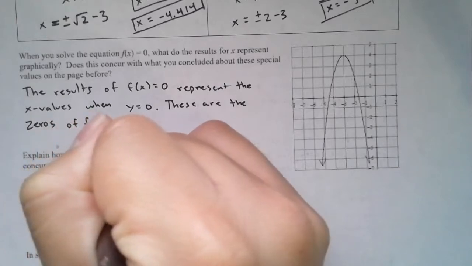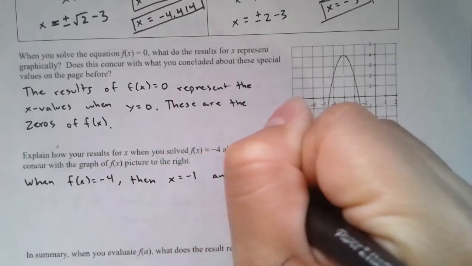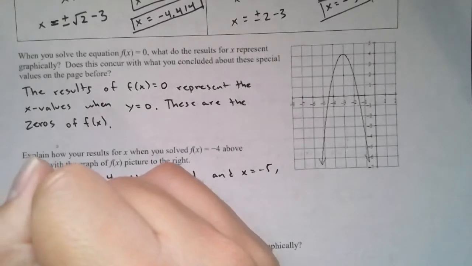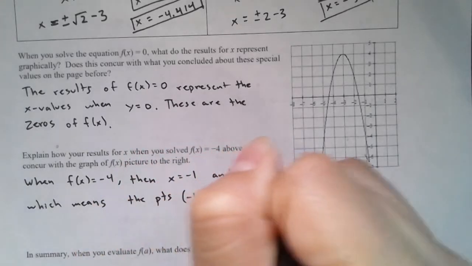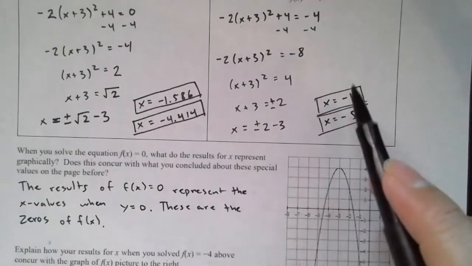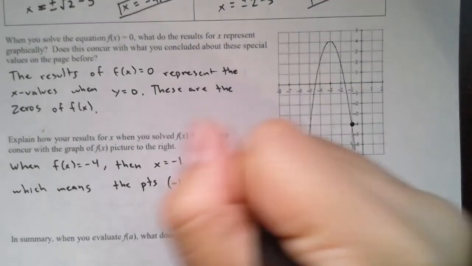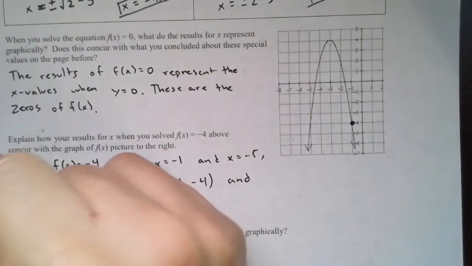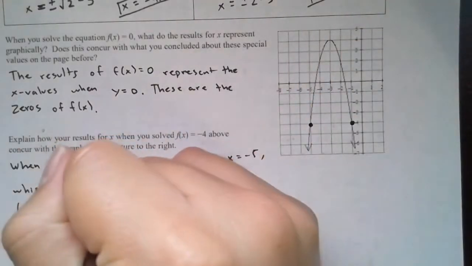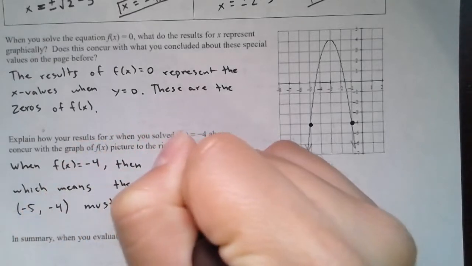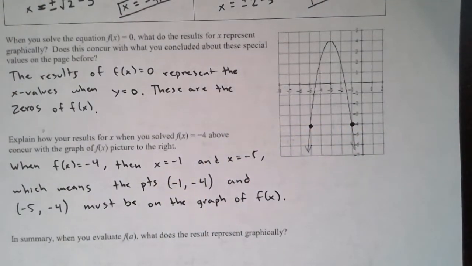When f of x is equal to -4, then x is equal to -1 and x is equal to -5, which means the points (-1, -4), right here, and (-5, -4), which is right here, must be on the graph of f of x. Okay, and they are. They're right there.